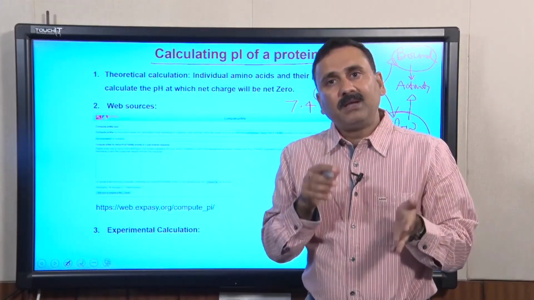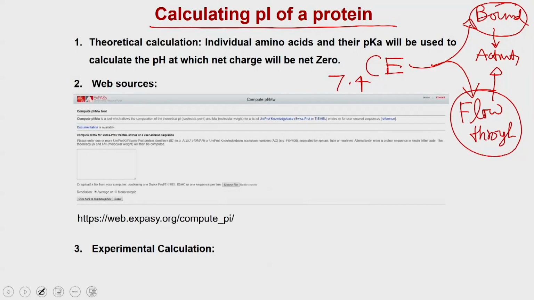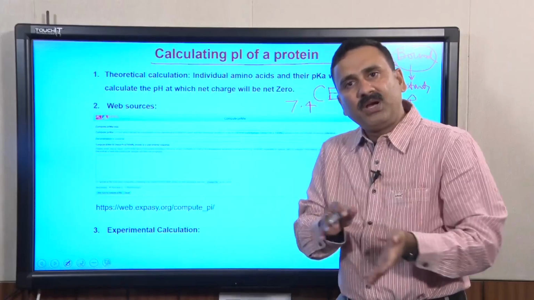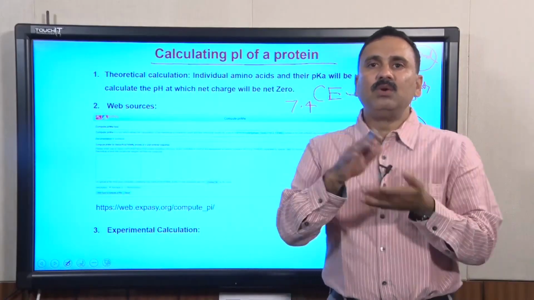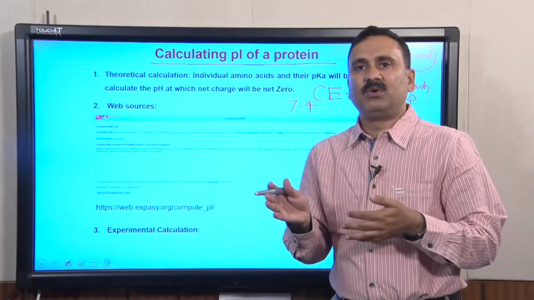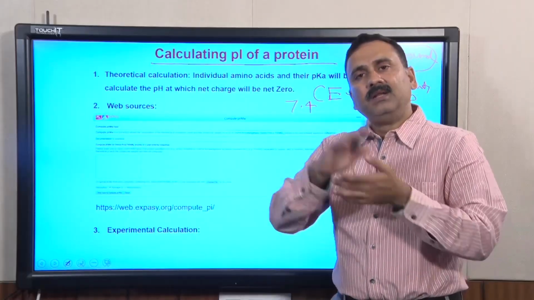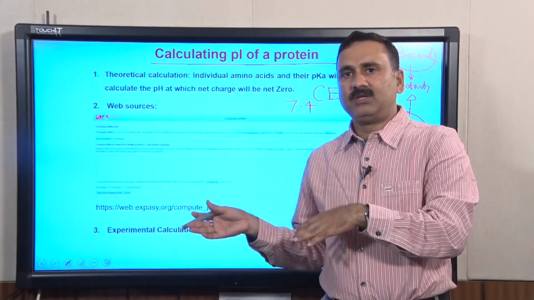But suppose they got the protein in the flow through, which means at 7.4 the protein is not binding to the cation exchange chromatography. Then at 7.4 itself they will try the anion exchange chromatography, and in that process the protein will bind to the anion exchange chromatography.